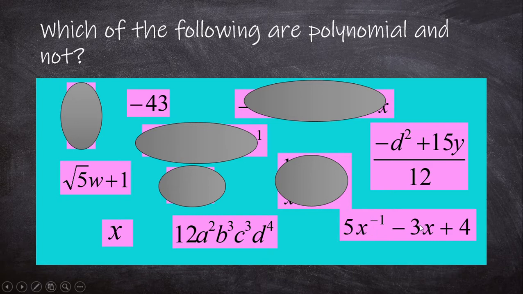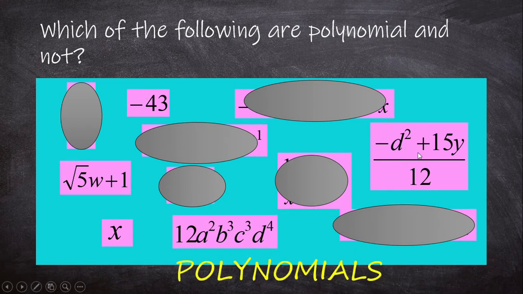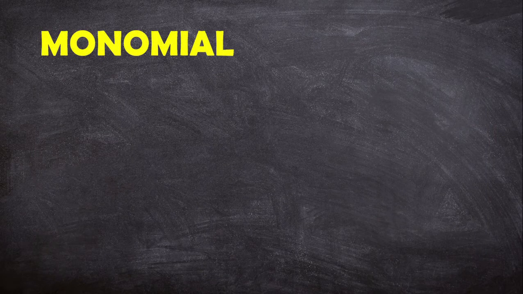Lastly, this one is not a polynomial because it has negative 1 as its exponent and it's not a whole number. So we will cover them. So these are the polynomials.